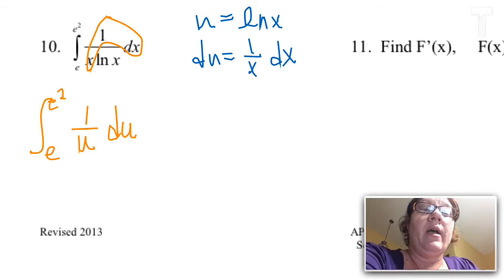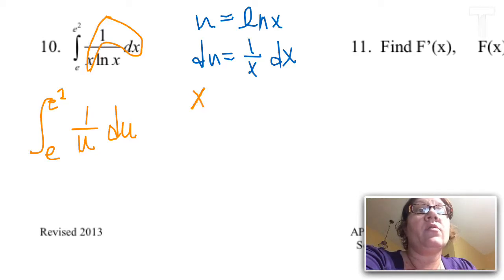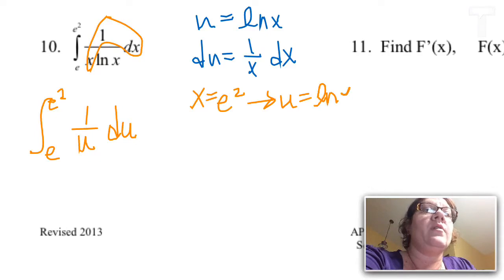but I have to remember, if I'm going to leave those boundaries, I'll have to substitute back in at the end. I have a tendency to forget that. So I'm going to figure out if x, because those are the x boundaries, is e squared, then u is the natural log of e squared. And keep in mind, whenever the bases match, they cancel each other out because they're inverses, and I just get the exponent.